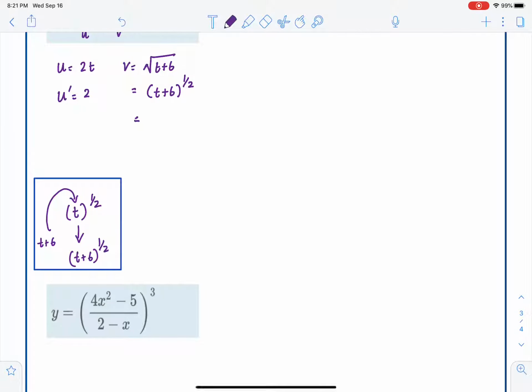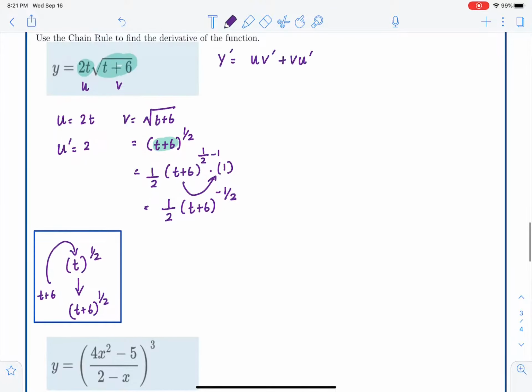So treat whatever we have inside as t. So t raised 1/2 is 1/2 (t plus 6) raised 1 over 2 minus 1 multiplied by the derivative of the inside term, which is 1. So we have 1/2 (t plus 6) raised negative 1/2.